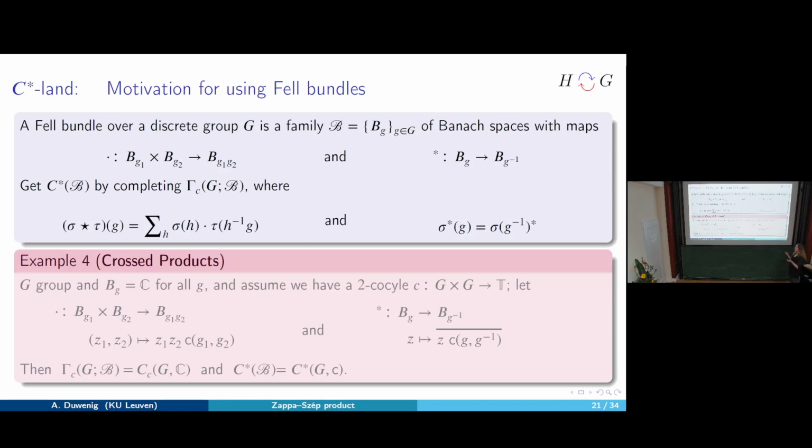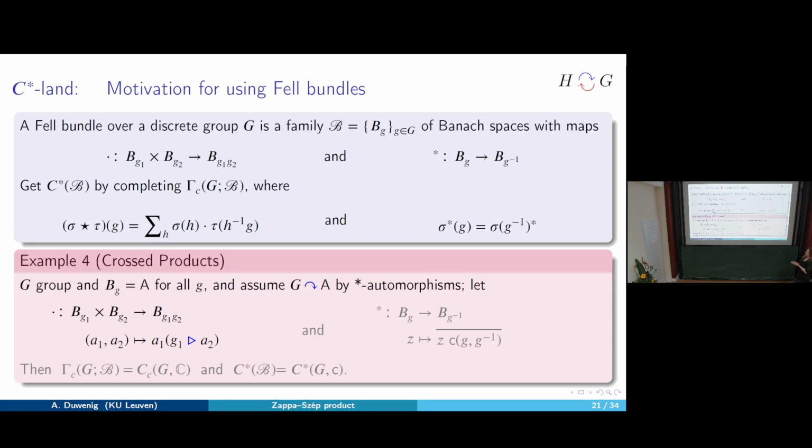And then the example that we started with earlier on, I can also have non-trivial fibers, right? My fibers so far have always just been the complex numbers. Instead, start with a C-star algebra that is being acted on by automorphisms for G. My fibers are all the same C-star algebra the whole time. This time, my multiplication in my Fell bundle is the one that pays the price, right?